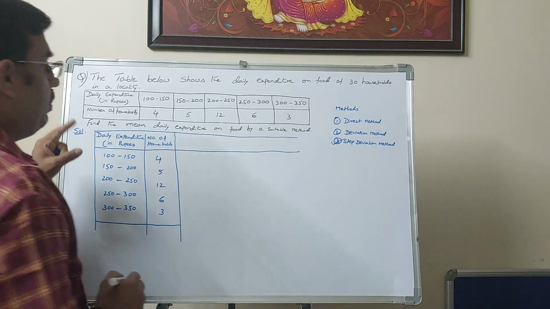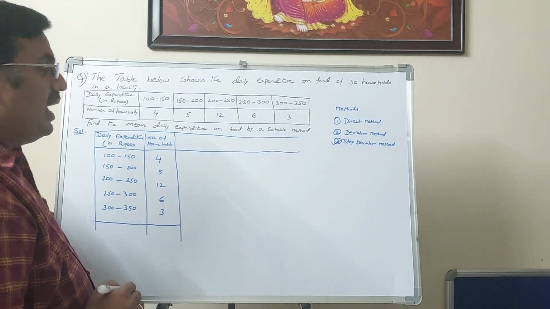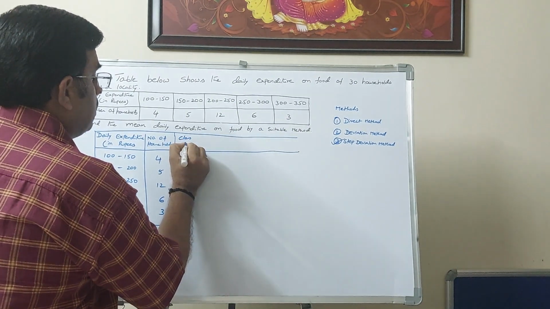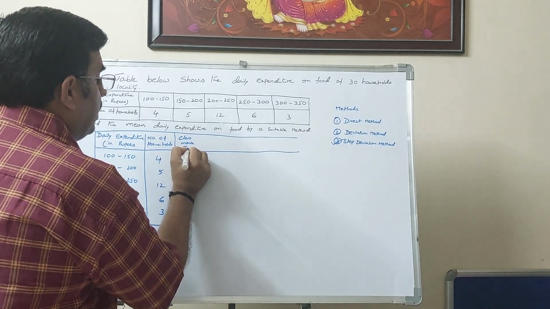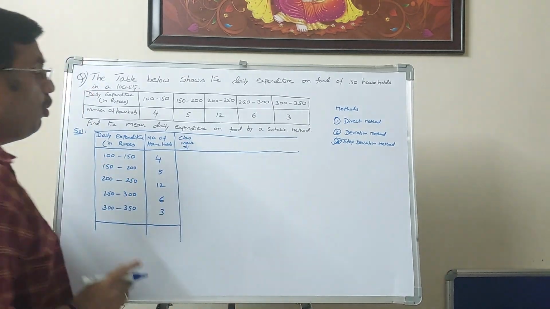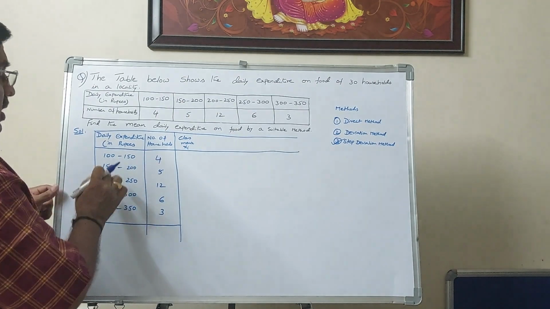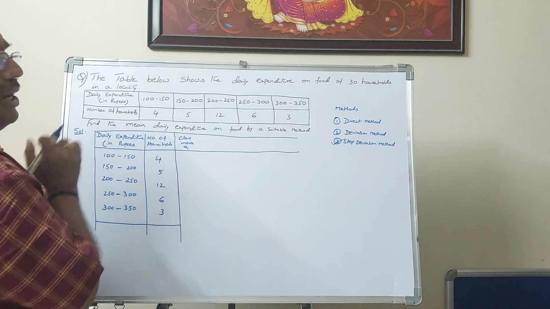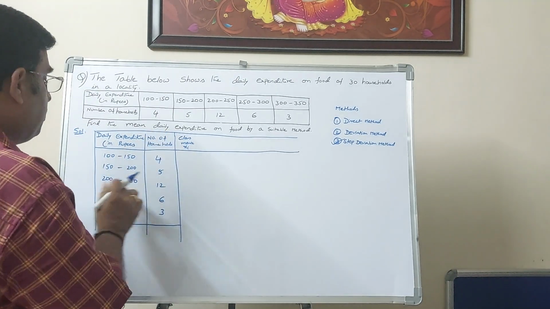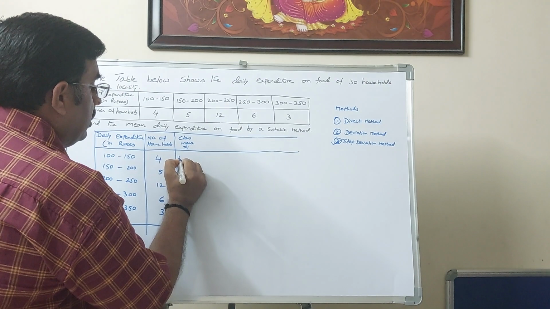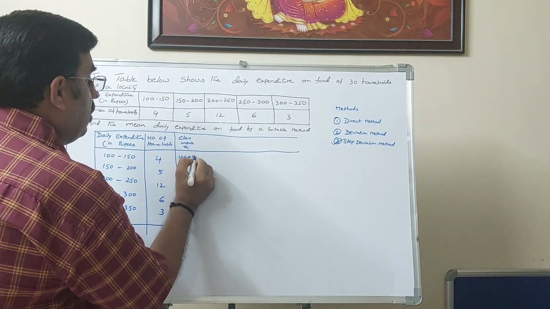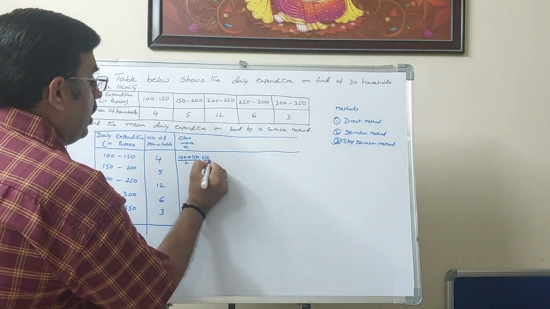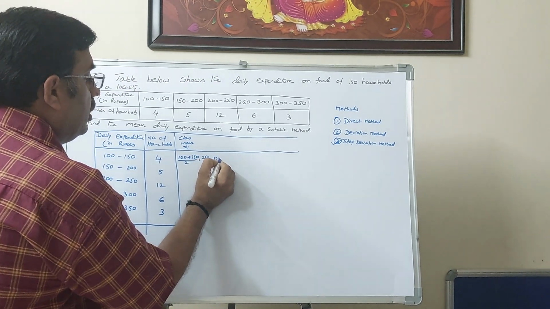Now, for any of these problems, the first thing we have to calculate is the class mark, represented with xi. How do we get the class mark? Class mark is nothing but the average of the lower limit and the upper limit of the class interval. So 100 plus 150 by 2 is equal to 250 by 2, which is 125.